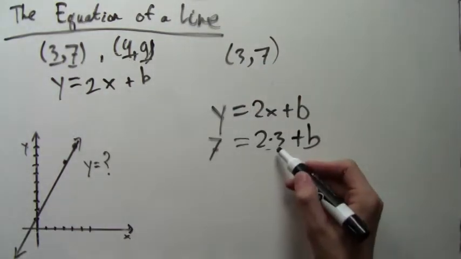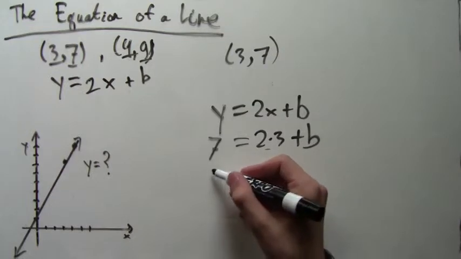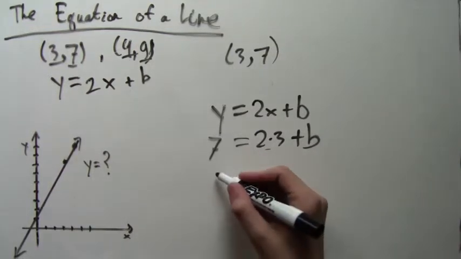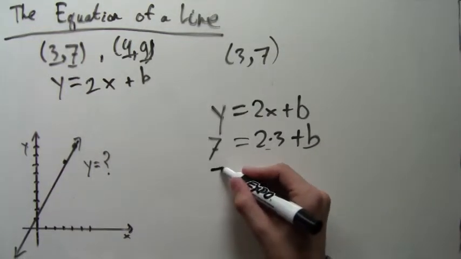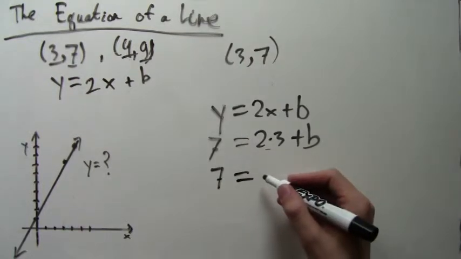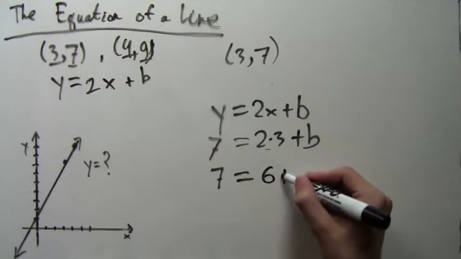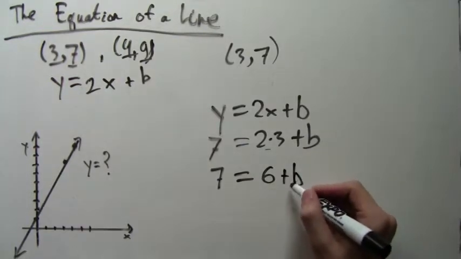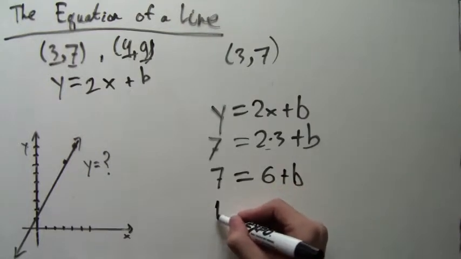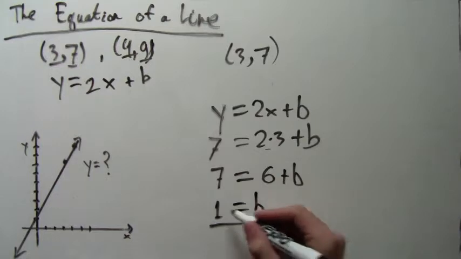So we know that 7 equals 2 times 3 plus b. We simplify. It becomes 7 equals 6 plus b. This means that 1 equals b. So we can replace b with 1.